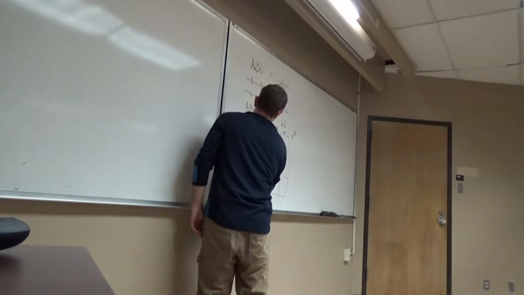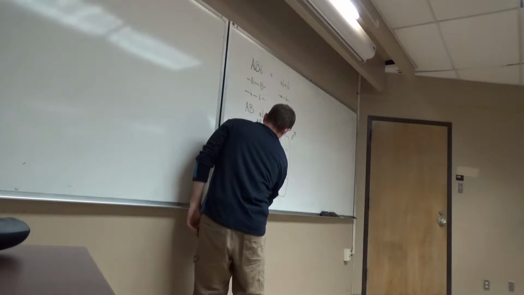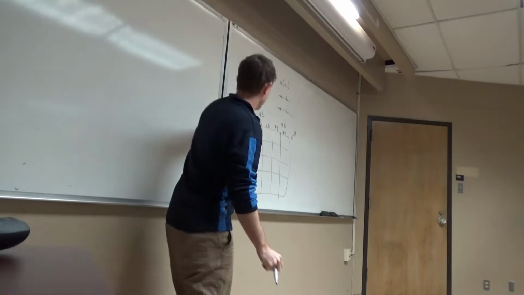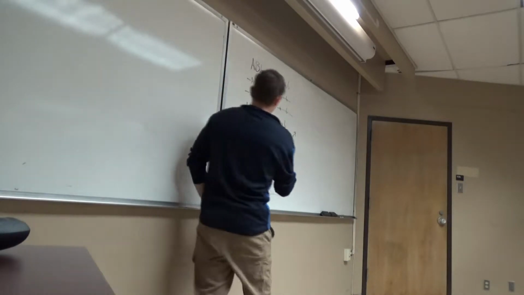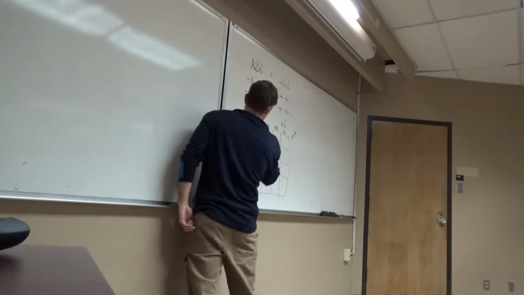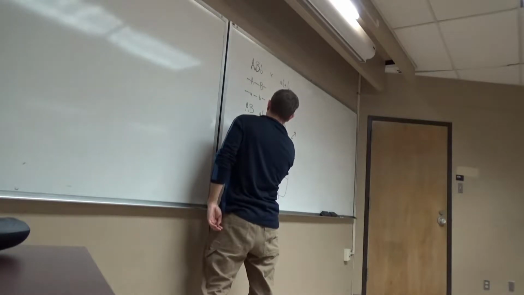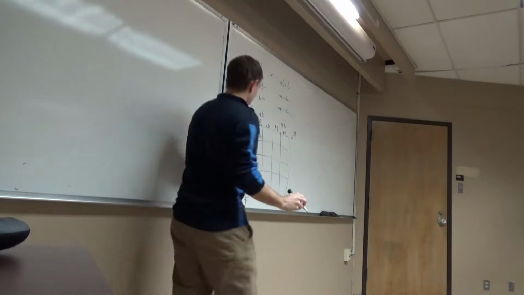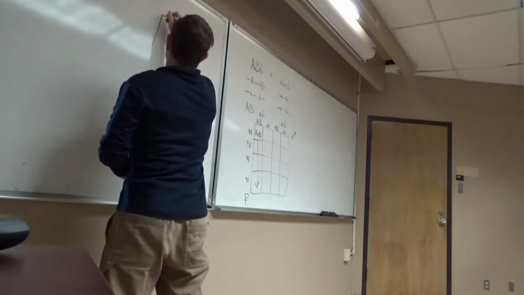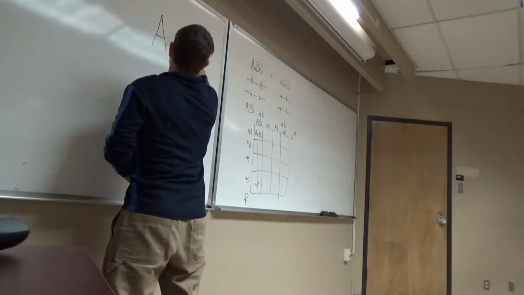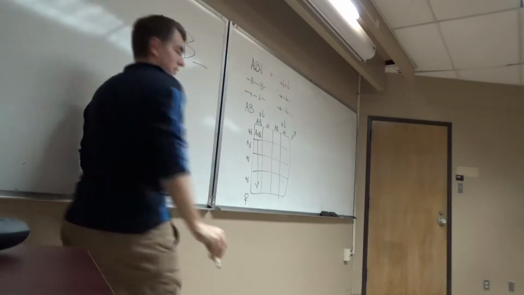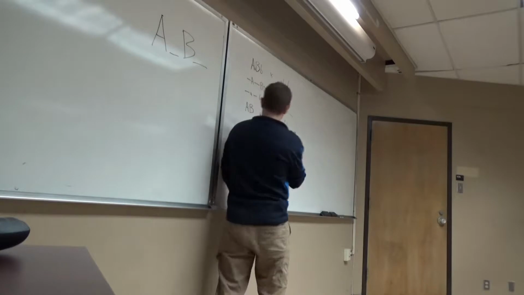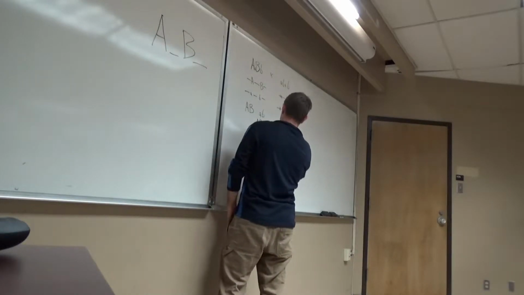In every single one of these gametic combinations, when we pull out our 4 different gametes, it's going to be little a, little b. Now you can imagine that all 4 of those phenotypes are going to be exactly the same. These 4 phenotypes are all going to be the same as well in this test cross.